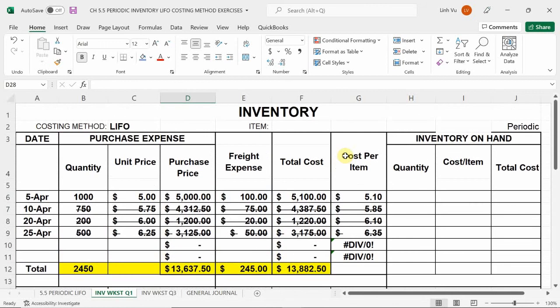If I'm going to sell everything from the bottom and make my way up to the top, that means my ending balance must be from my very first batch of inventory. So my ending balance is going to come from my first purchase of inventory, okay? If you understand that much already, then you can just simply calculate your ending balance and then solve for your cost of goods sold quicker that way, okay?